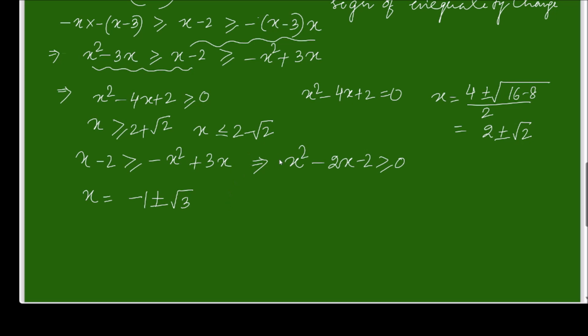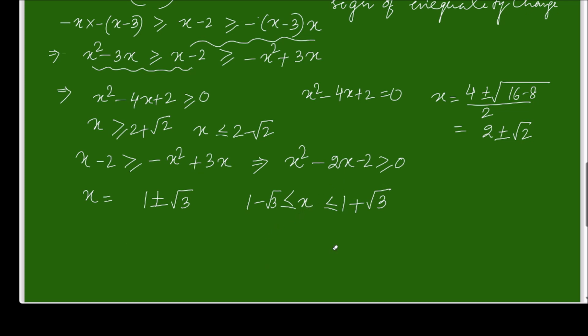We have already calculated this before. So here x will be greater than 1 minus root 3 and less than 1 plus root 3. This one is the value, not negative one.